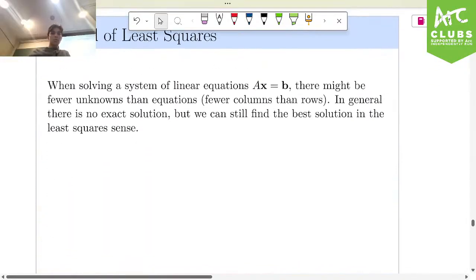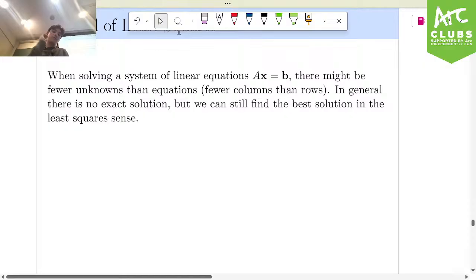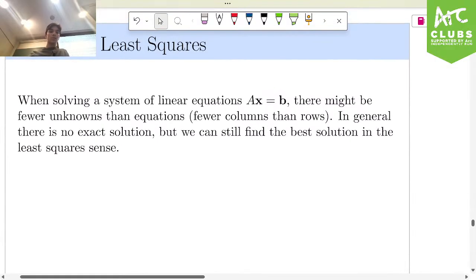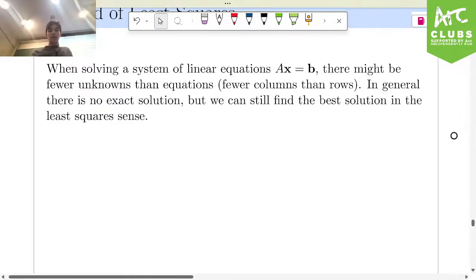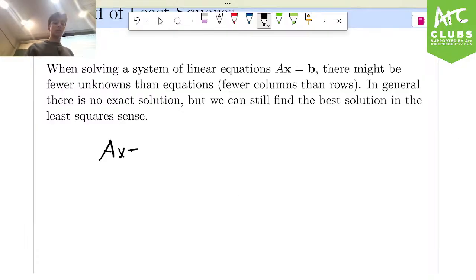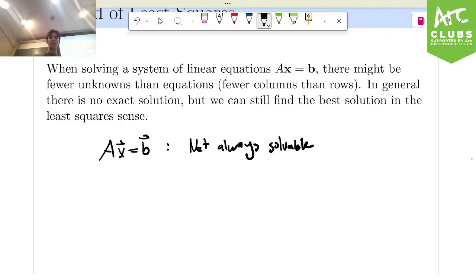All right, now going into the last kind of part of this section, the method of least squares. So basically, this is kind of a generalization of our process of solving linear systems, right? So as you may know, this system AX equals B is not always solvable, in the sense that trying to solve it would actually yield a contradiction, right?